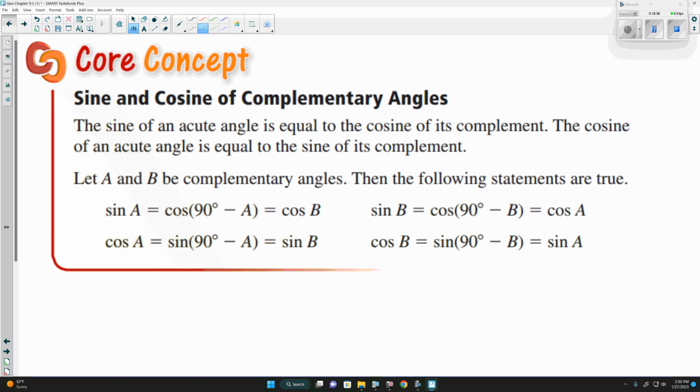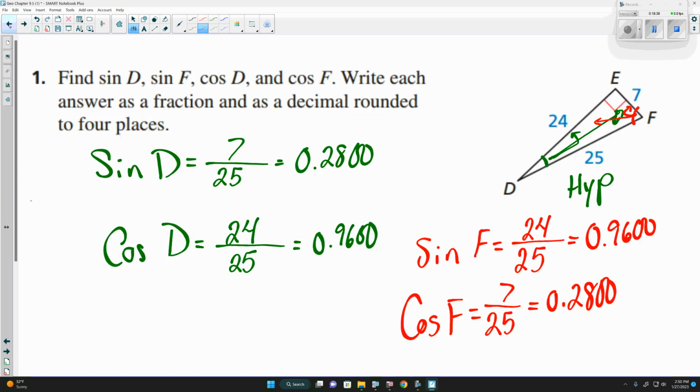Now, let's go back one. In this triangle, let me erase a lot of the writing. This is a right triangle, yes? So we know all 3 angles in the triangle have to add together to be 180. If we know one of them is 90, angle D and angle F have to add together to be 90 degrees, yes? So angle D plus angle F is going to equal 90, yes?